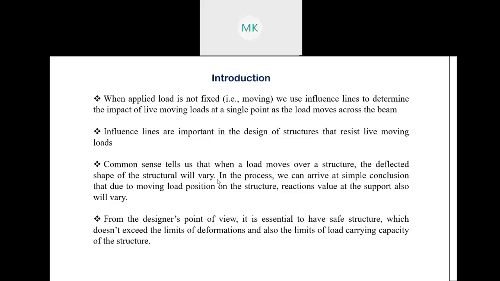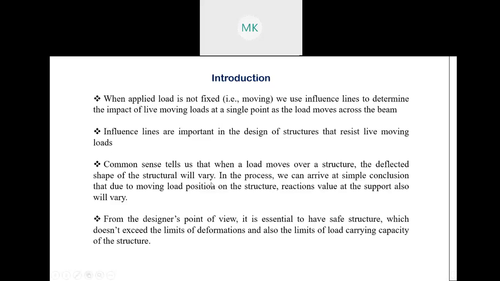If the vehicle is at the starting point, it gives a load at that point, not at the other point. Similarly, if the vehicle moves slowly from one point to another, the load also moves from one point to another. So we need to analyze how the load moves in that structure.